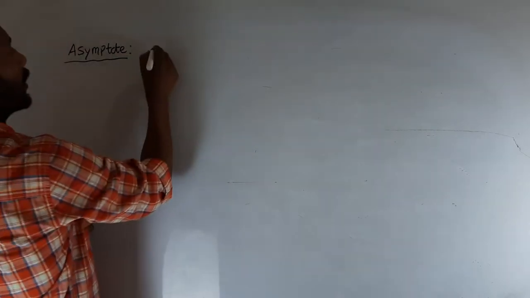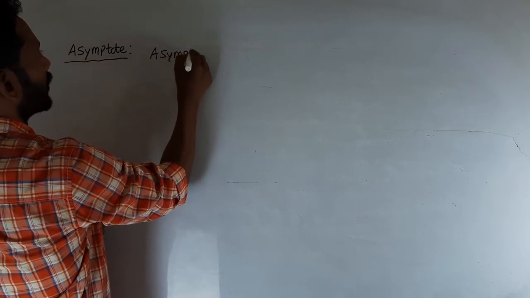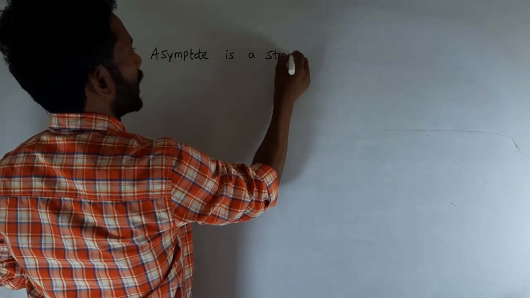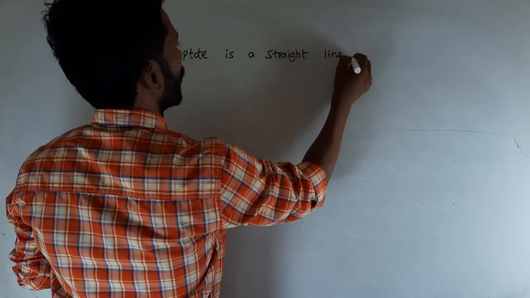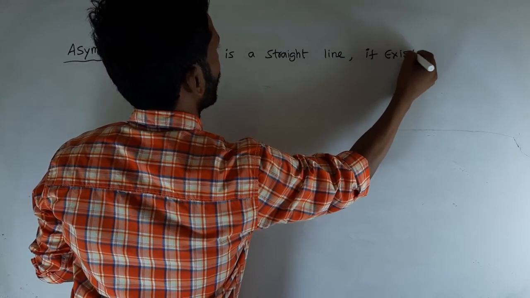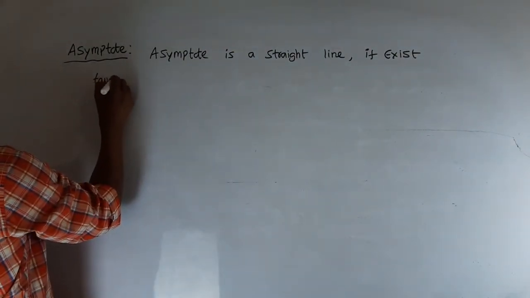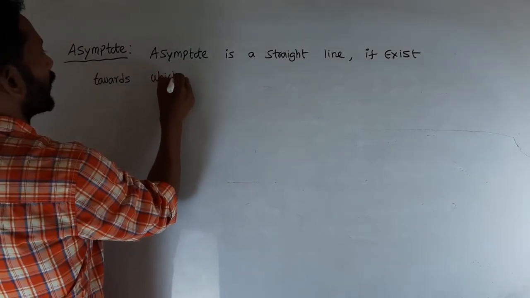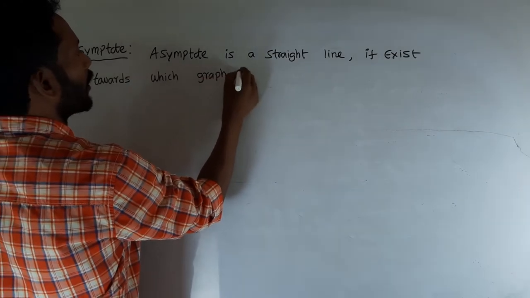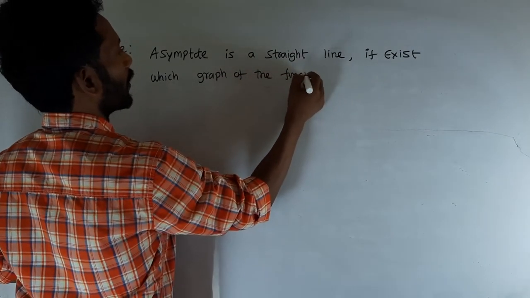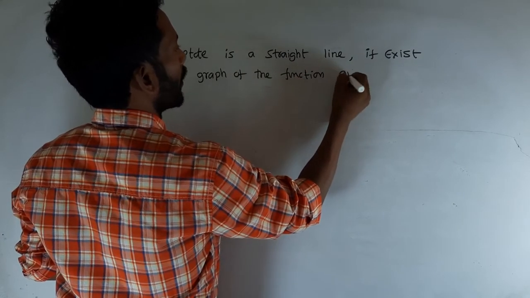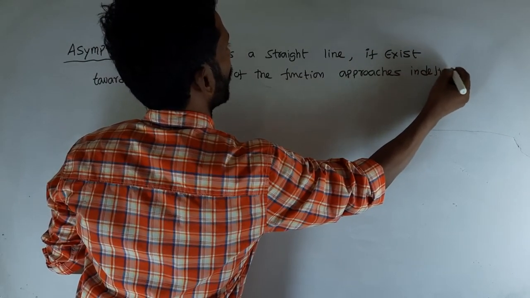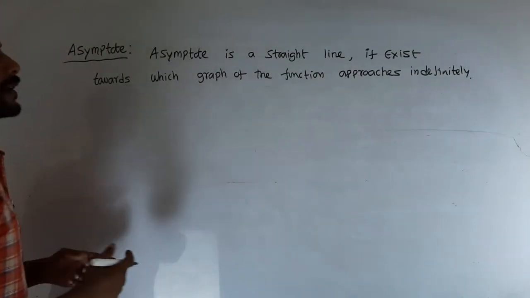Okay, asymptote. Asymptote is a straight line towards which the graph of the function approaches indefinitely.